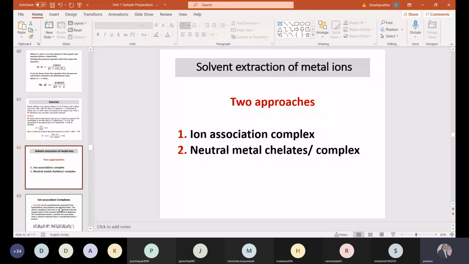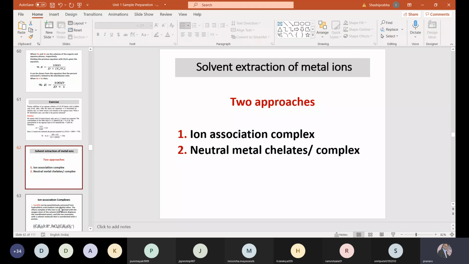Now, to realize this, there are two approaches to extract metal ions. One such approach is the formation of an ion association complex.